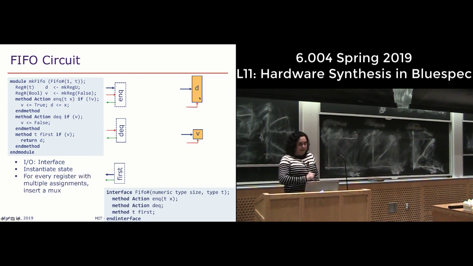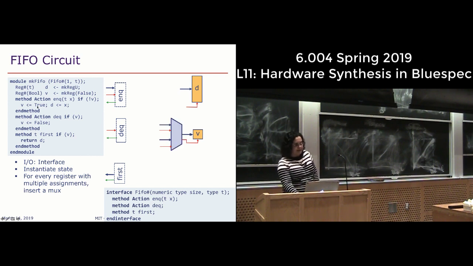Okay? The next thing that we do is we take a look at all of our methods and we see, is there a situation where some variable is being assigned to by more than one method? If it is, then we're going to add one of these special muxes that we just saw as the controller for that input.